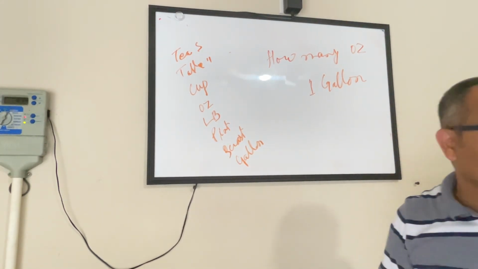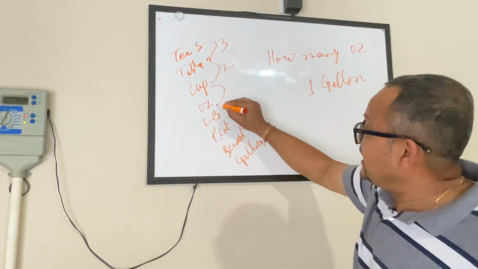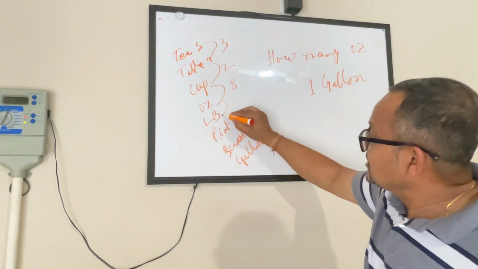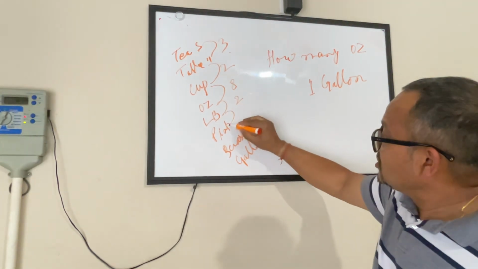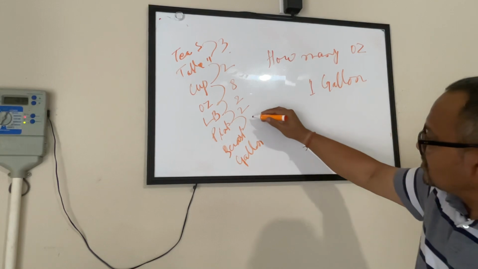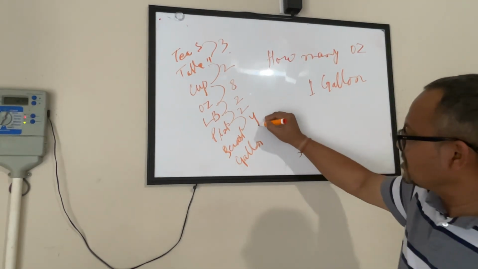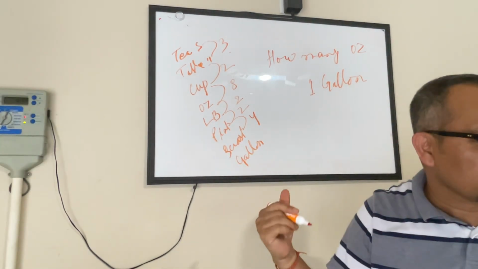Now 3 to 8, 2 to 4. 3, 2, 8, 2, 2, 4. Are you missing something here?